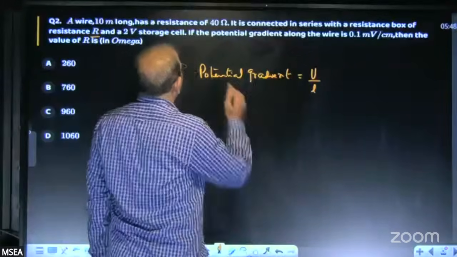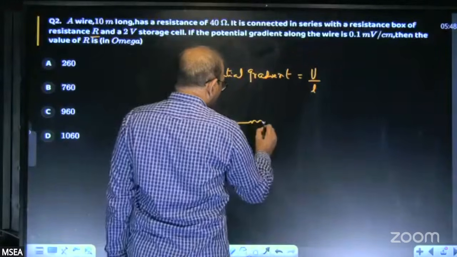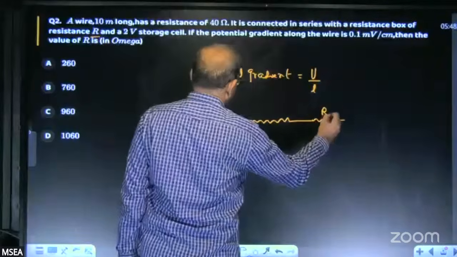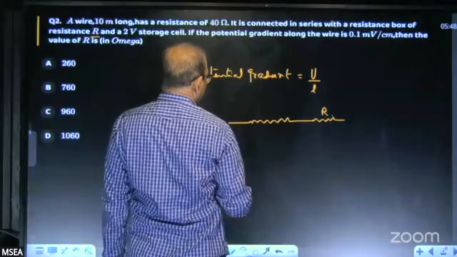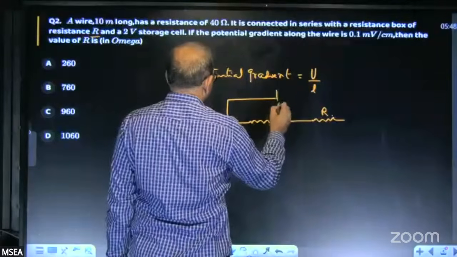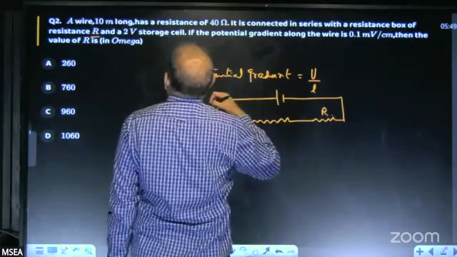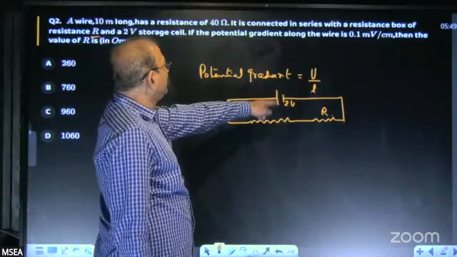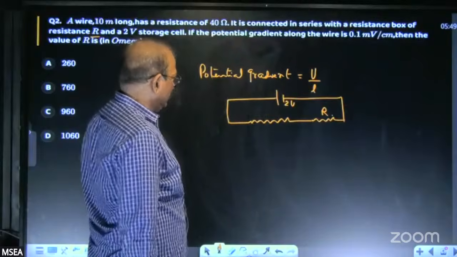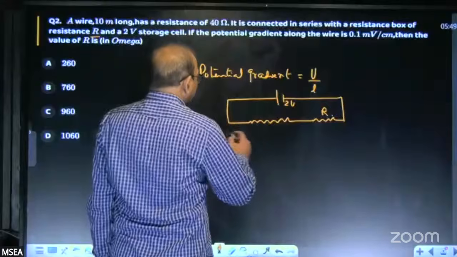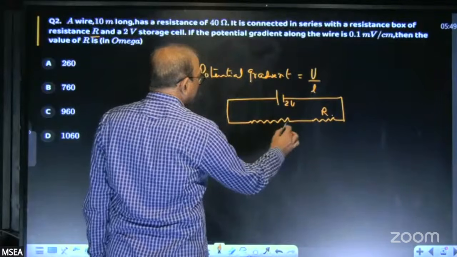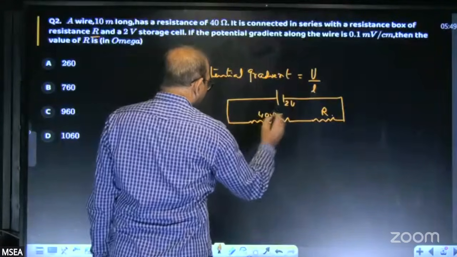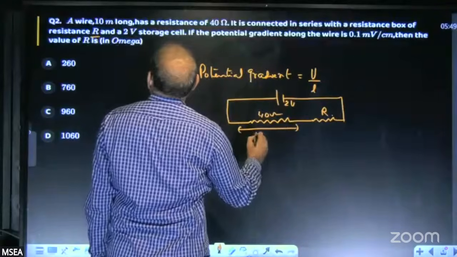This potential gradient is given. Now see, in this problem one resistor is there, connected to another unknown resistor R in series, and this combination is in series with a 2-volt cell. That cell doesn't have any internal resistance. He is giving the potential gradient of this wire. Its resistance is also given, 40 ohm, and its total length is given, 10 meter.